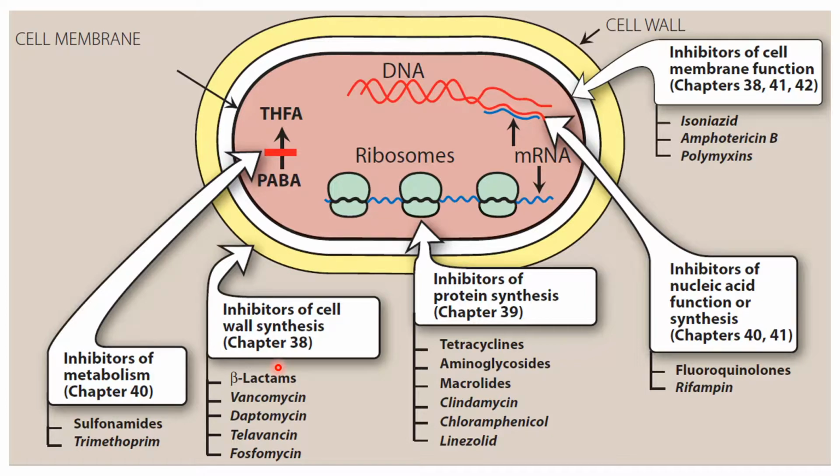So the cell wall inhibitors include beta-lactams, and beta-lactams are the first antibiotics available, so actually most antibiotics are beta-lactams. Cell wall inhibitors, mostly beta-lactams, and vancomycin and the other mycins, and newly available antibiotics like phosphomycin and telavancin and daptomycin.